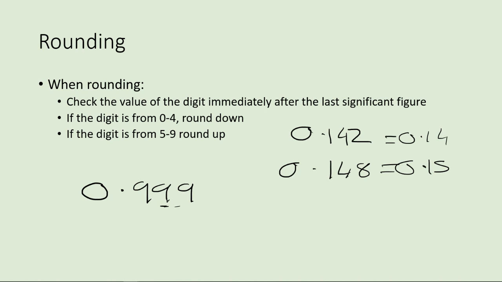So that would actually be 0.10. It is important to remember that this last 0 is significant. If you were to just say 0.1, that's just one significant figure. But we need 2 for our answer, which is why we need to include that extra 0 there.